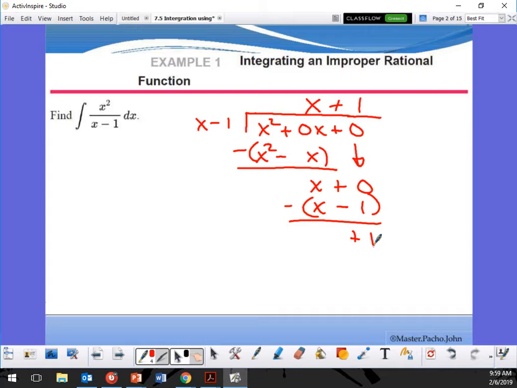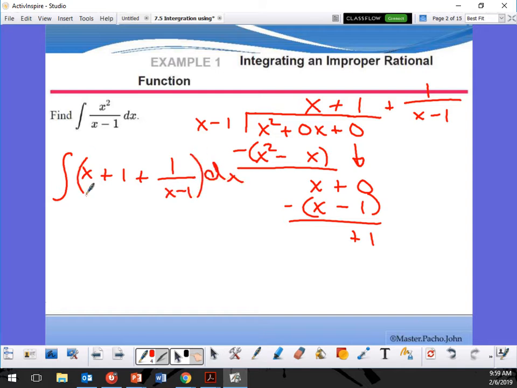So it's plus 1 over x minus 1. So I'm going to change up my integration now. I'm going to rewrite it. It's now going to be the integral of x plus 1 plus 1 over x minus 1, and that's going to be my dx.